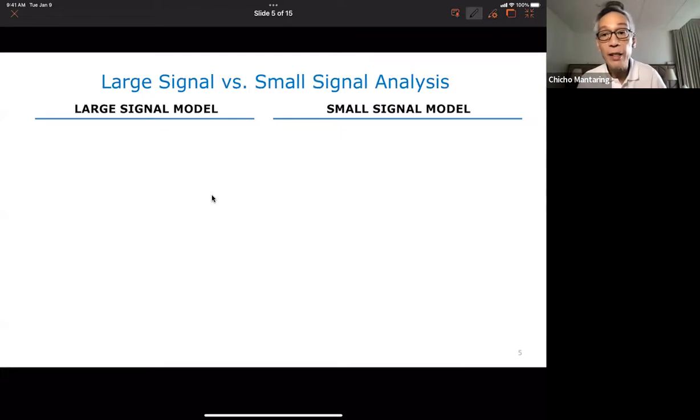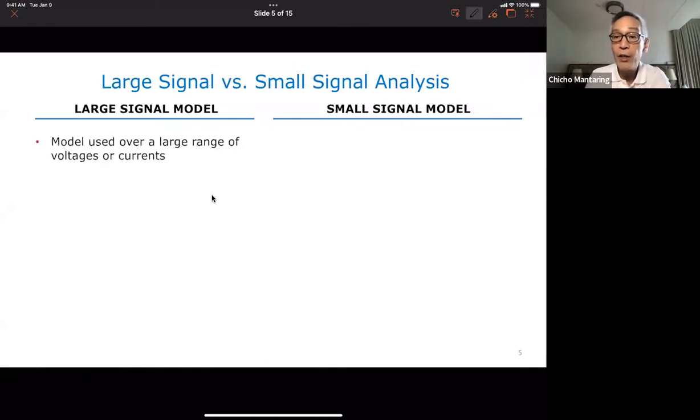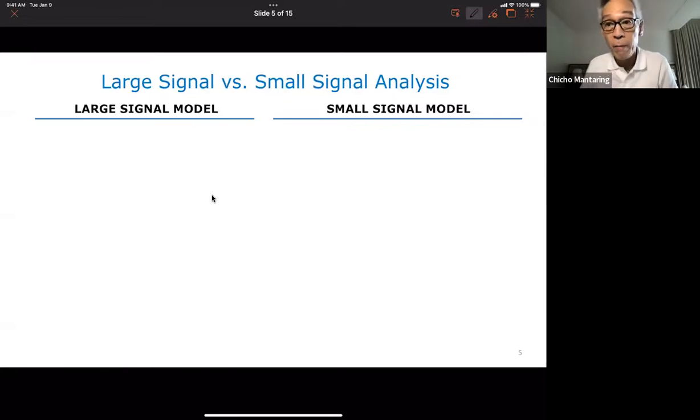So I was starting to say we'll move on to the next model of the diode, and this is the small signal model of the diode. But before doing that, I'm going to give you a short introduction into small signal versus large signal. So normally in electronics we have the large signal model and we have the small signal model. What are the differences between the two?